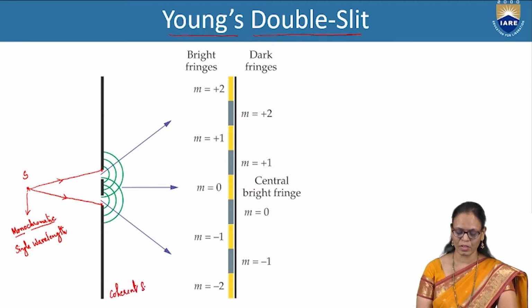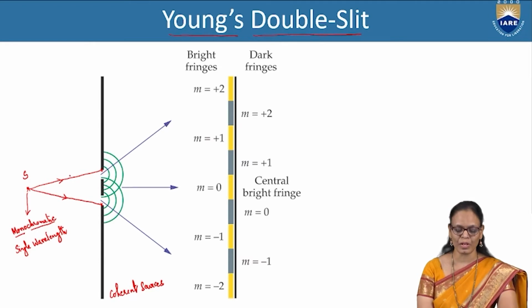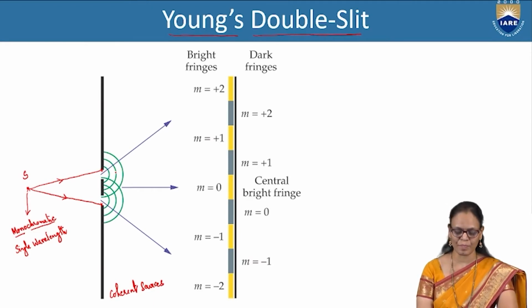They are coherent sources, meaning they are in phase. Since the distance travelled by the light from the source S to these two slits is the same, these two slits will act as coherent sources. Now, the distance between these two slits is considered as small d.